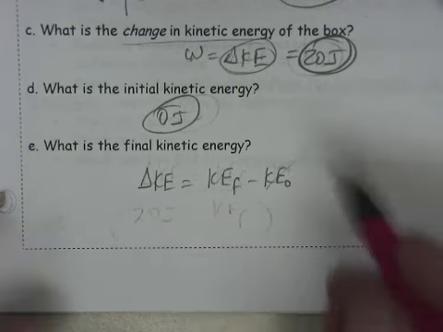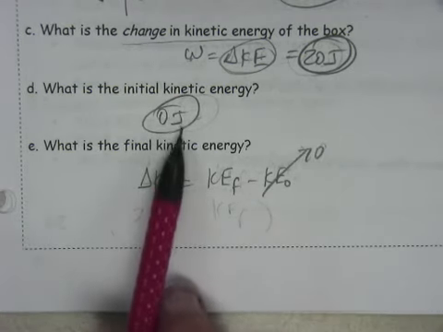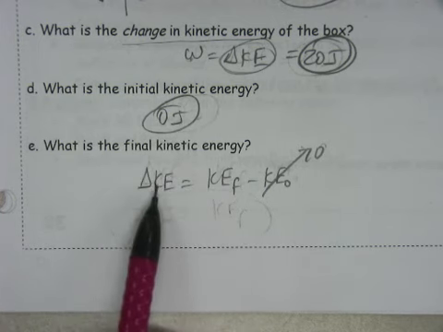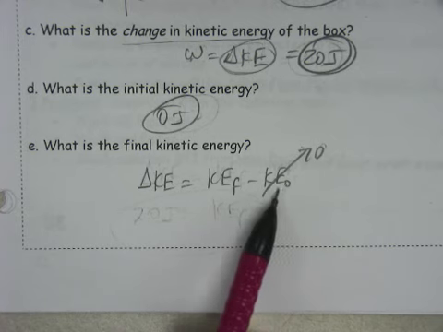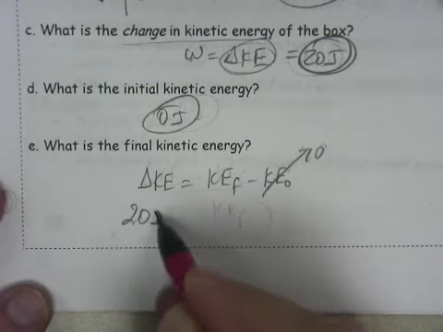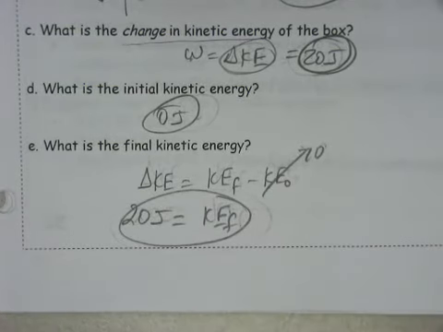And we're going to use that because I know that the initial kinetic energy is 0. I know that because we just said that right here. And if they want the final kinetic energy, then that's going to be equal to whatever the change was, assuming this was 0. Well, the change was 20. That came from up there. So 20 joules is equal to our final energy.